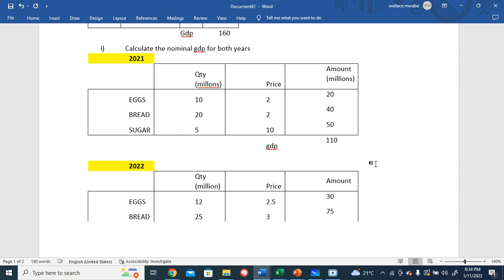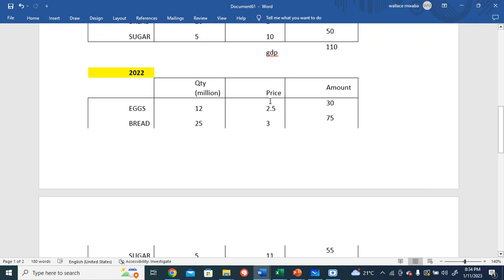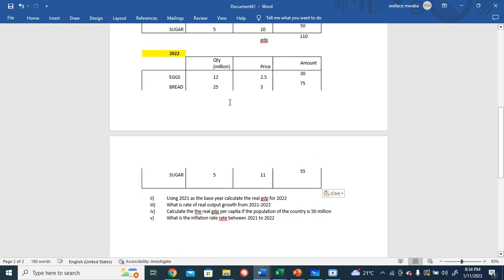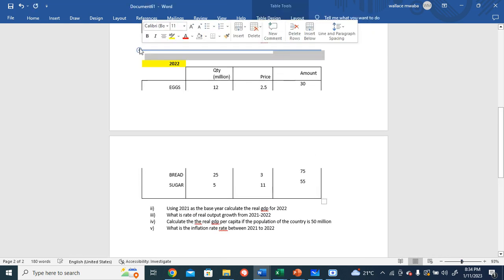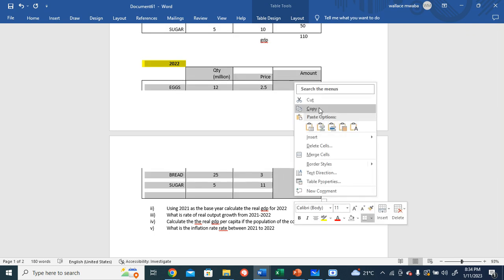So for the base year, if you calculate the real GDP and the nominal GDP, they'll be the same values, because the purpose of the base year is to use the prices for the base year. So for 2021, the nominal and real GDP will be the same. But for 2022, there's going to be a change because we're not going to use the prices for 2022, we're going to use the prices for 2021.